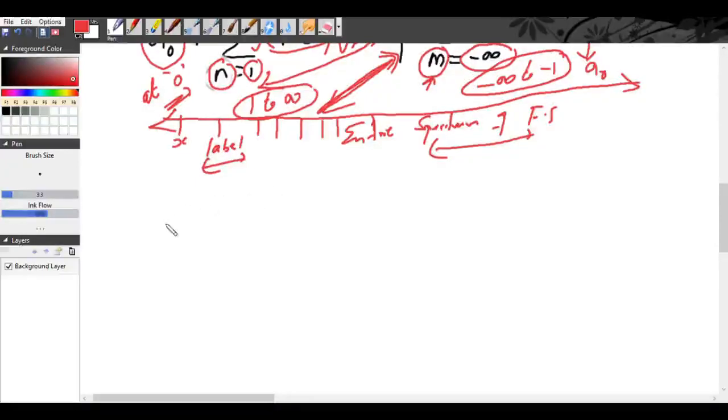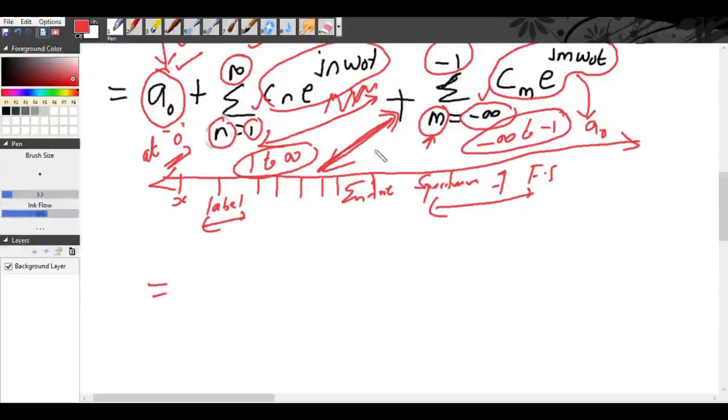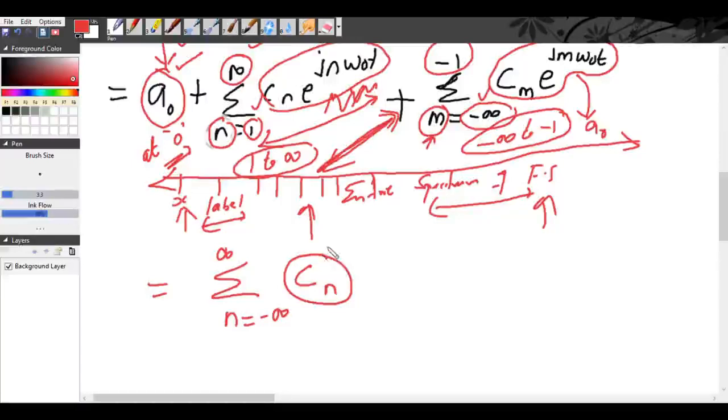So in short, how can I write this? These are all the spectrum, so overall we can write it as a generalized form, because it is all the same actually. This is one zone of the scale, this is another part of the scale, spread out like this. So this one I can generalize from minus infinity to infinity, c suffix n. Here it is c suffix m, here it is c suffix n, but still it is a coefficient, and we can represent it however we want. The coefficient c suffix m is nothing but a Fourier coefficient that has been labeled from minus infinity to minus 1. That's all. So this particular coefficient is the coefficient of this spectrum of the Fourier series from 1 to infinity, and this is its origin.